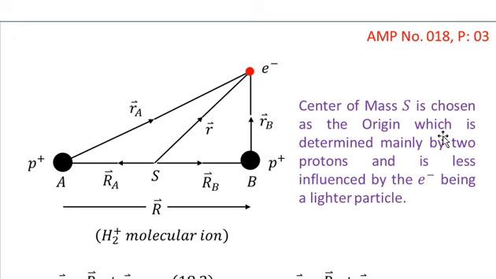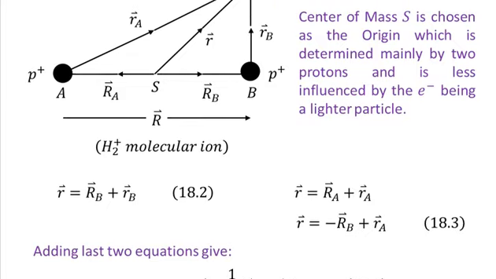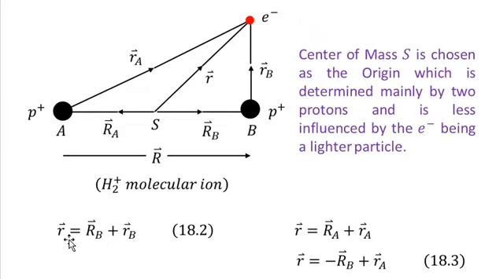Center of mass S is chosen as the origin, which is determined mainly by the two protons and is less influenced by the electron, being a lighter particle. From this geometry you can readily write down that r is equal to capital Ra plus small ra, because you can start from S. The position of the electron E is r, and you can also reach the electron position by traversing the distance capital Ra and then small ra.